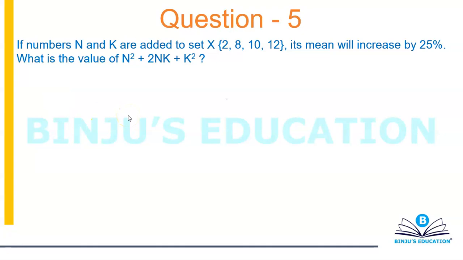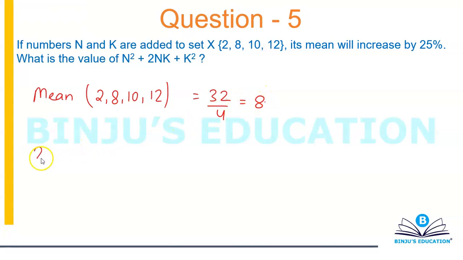All right. Let's see how we can solve this one. The numbers n and k are added to the set X consisting of 4 numbers, and its mean will increase by 25%. First, let's calculate the mean of 2, 8, 10 and 12. The sum is 32, divided by 4, which is 8.